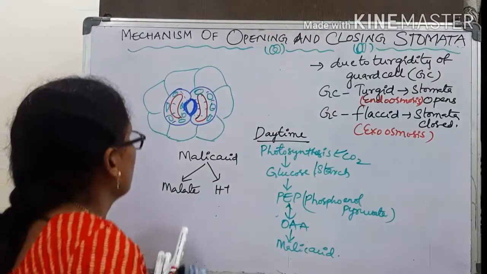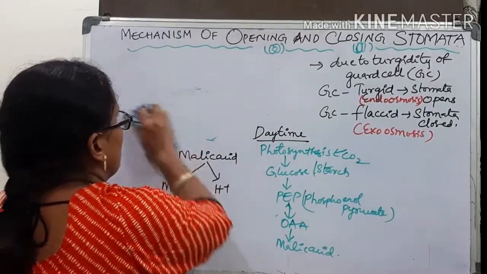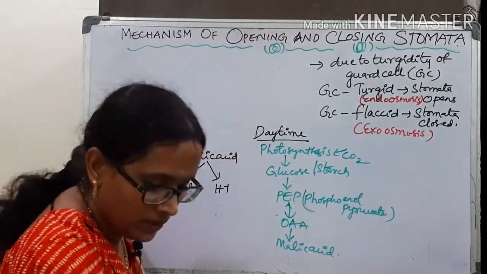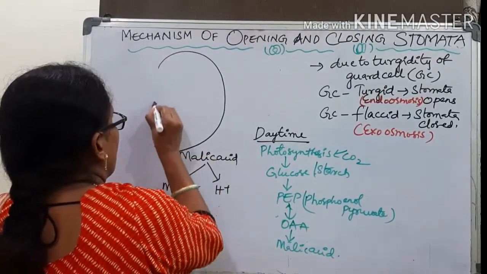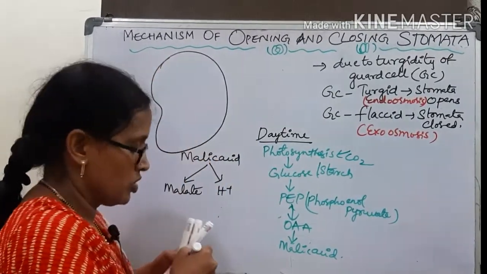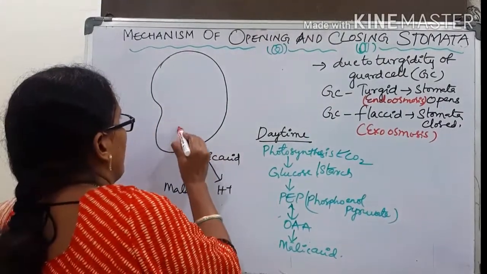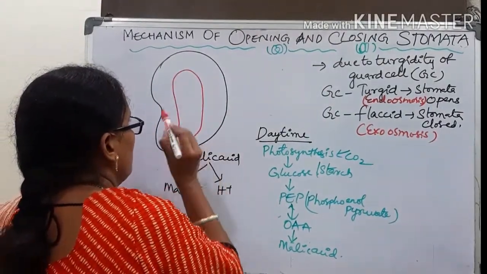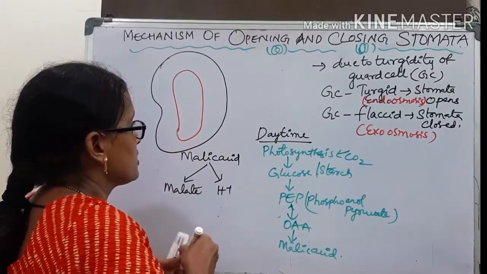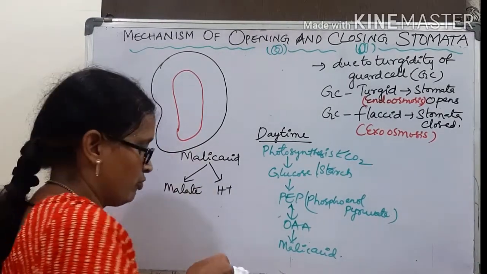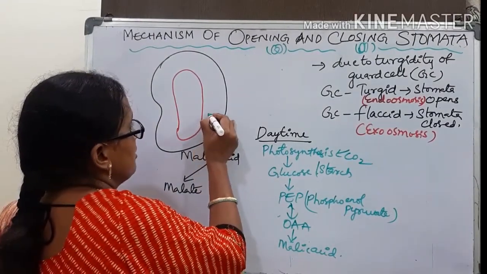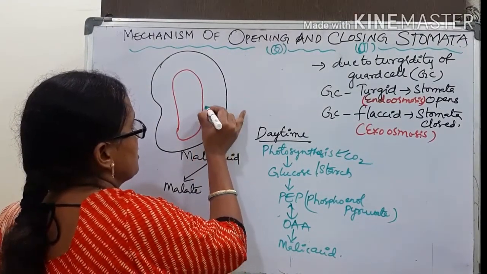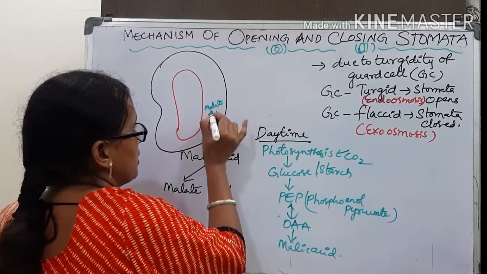If we draw a single structure of the guard cell, this is our guard cell and this is the large vacuole. Photosynthesis takes place, and H plus ions and malate are produced.